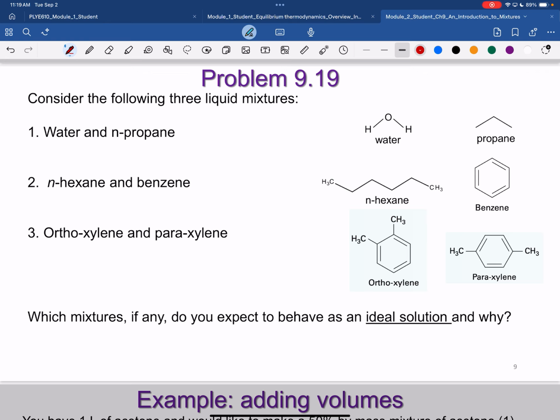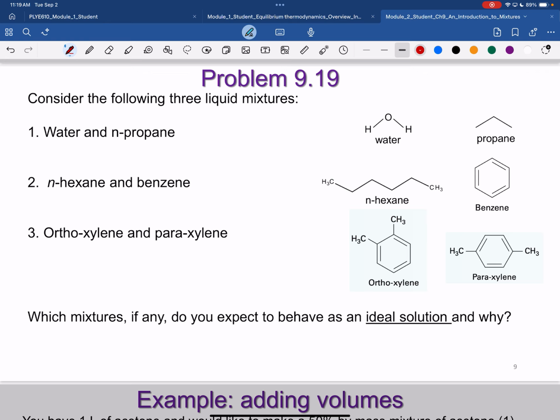Hydrophobic interactions that you have in the propane molecule versus the hydrogen bonding that is very specific to water molecules and those systems that have OH and the oxygen with those pair of electrons, right? So for water and propane, the interaction is the key parameter here to make the system non-ideal. So it is non-ideal.